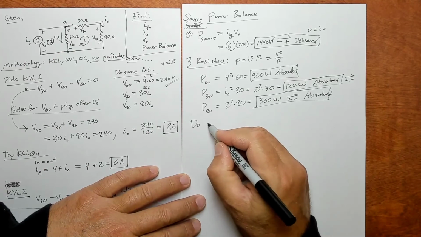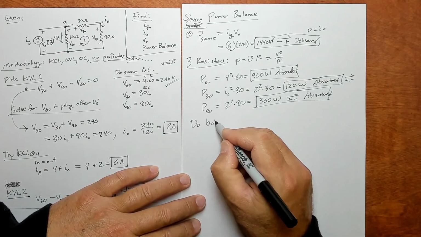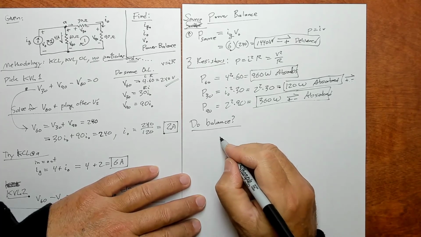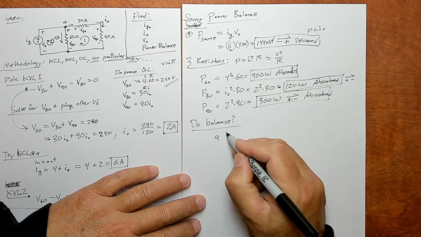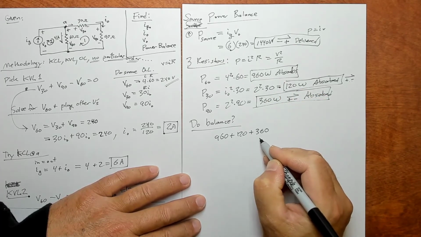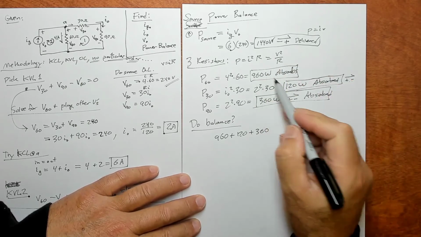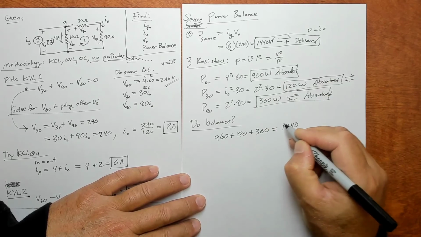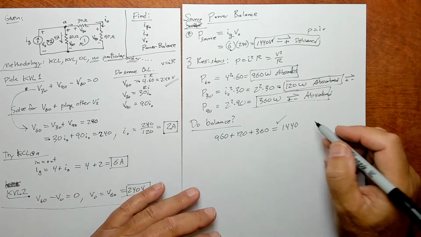So do they balance? Basically you add up these three loads: 960 plus 120 plus 360. Do they equal 1440? And yeah, they do.